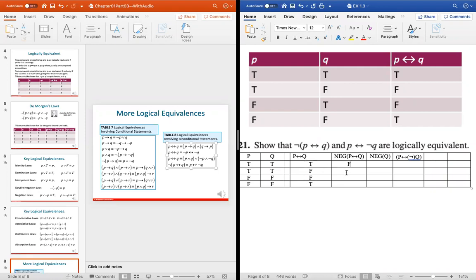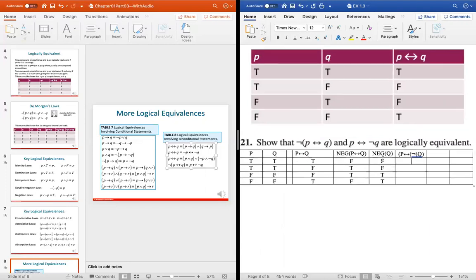So it's going to be false, true, true, and then false. Negation of Q is going to be false, false, true, and then true. And then here, P implies, so we have to take the negation of Q.